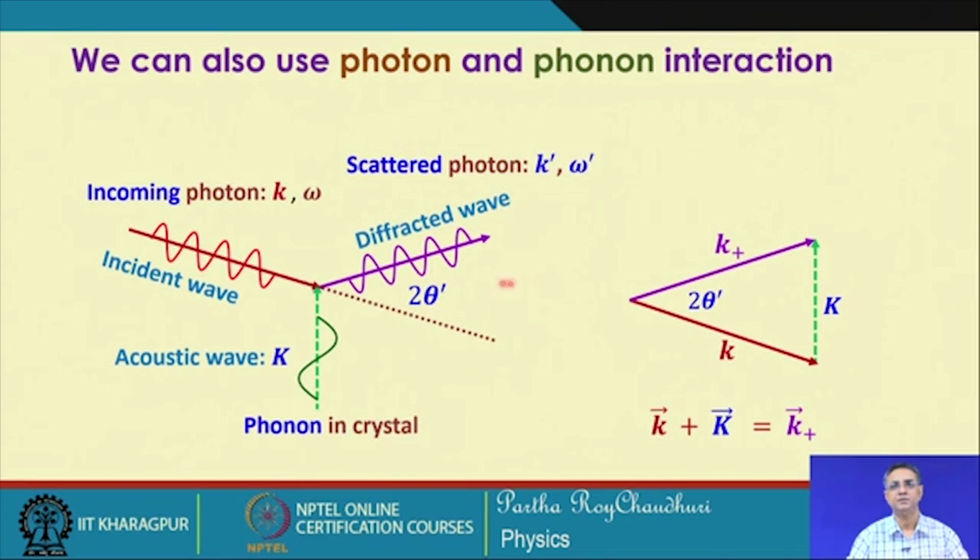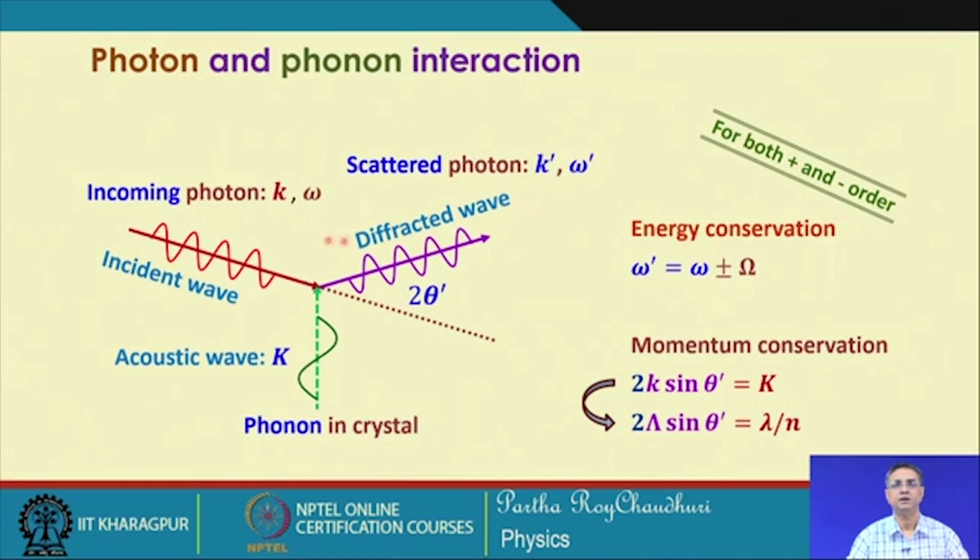So, these three are put together: k plus K, this is k incident and this is K. And that is actually the conservation of momentum and energy, which will give you the same principle. Let us see that.